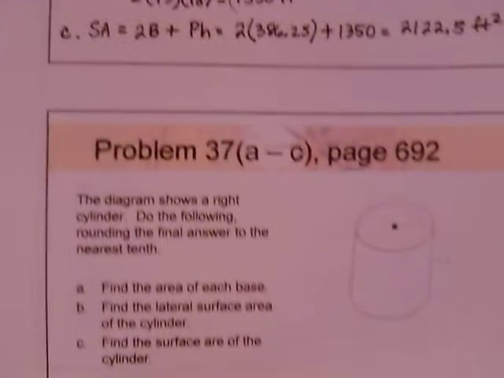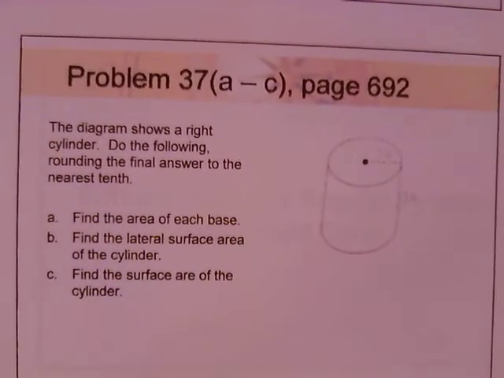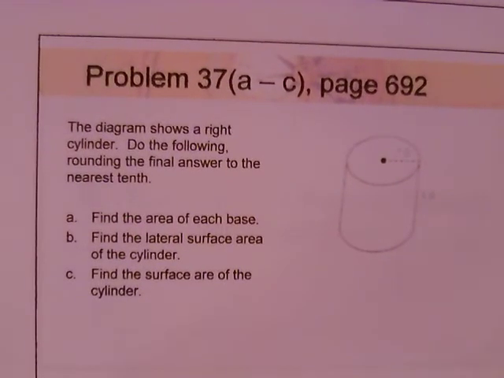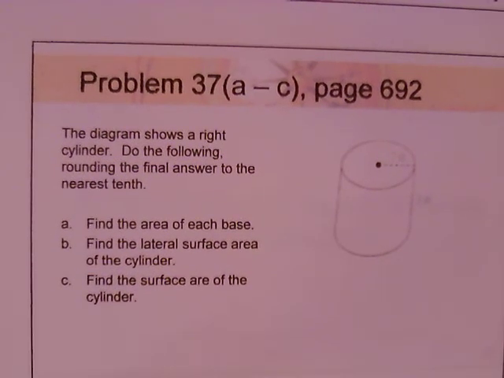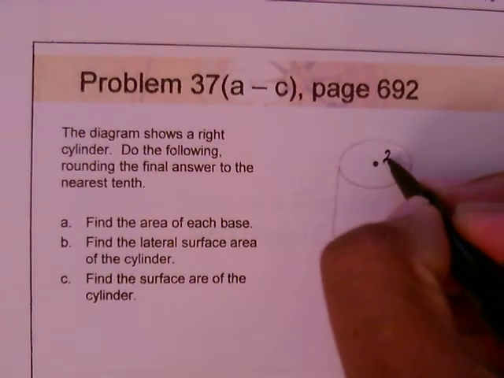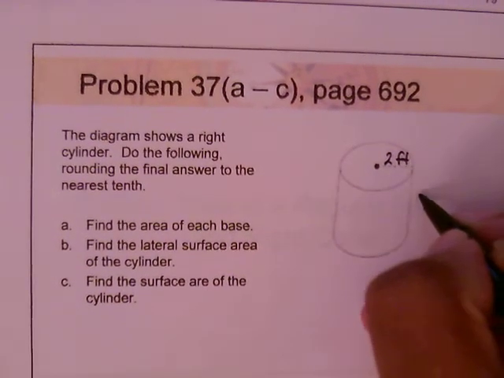All right, next we'll look at problem number 37, A through C, on page 692. Now this deals with a right cylinder. In this case, the radius is 2 feet, and the height is 3 feet.